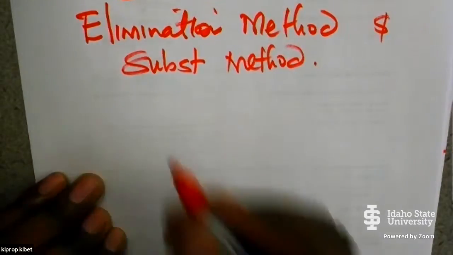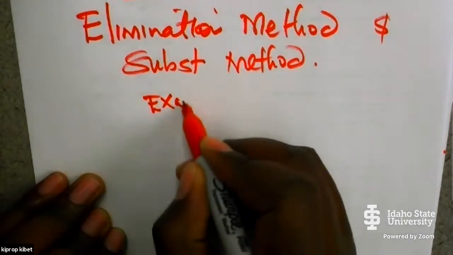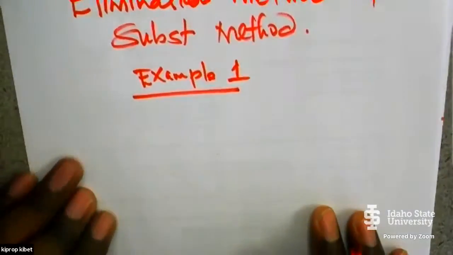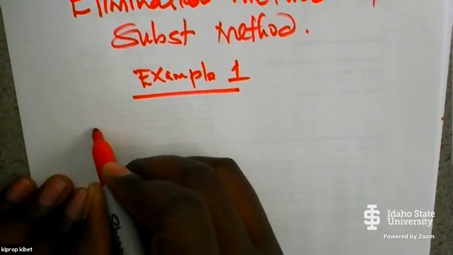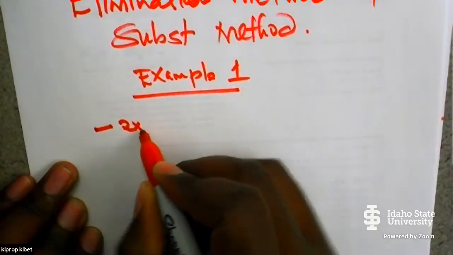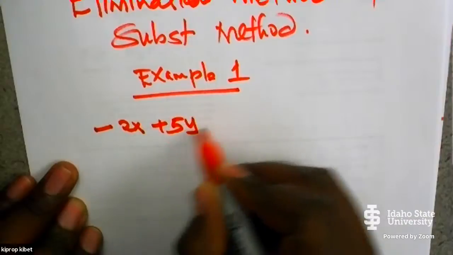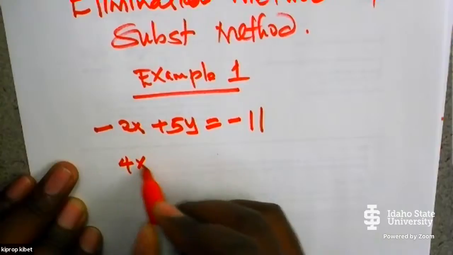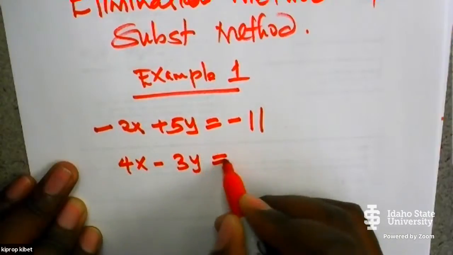So example number 1. Solve the following system of equations: minus 2x plus 5y equals minus 11, and 4x minus 3y equals 15.